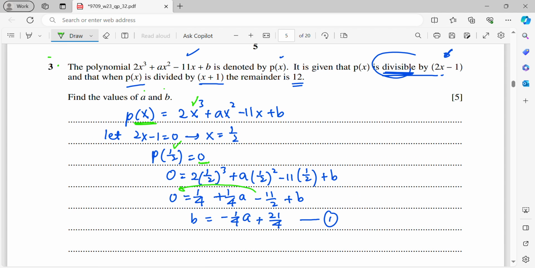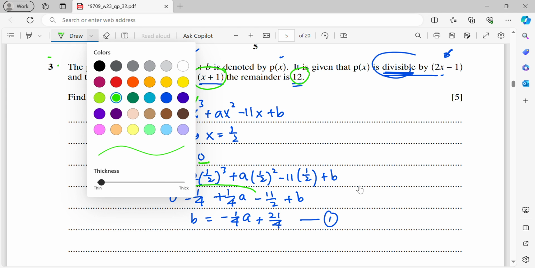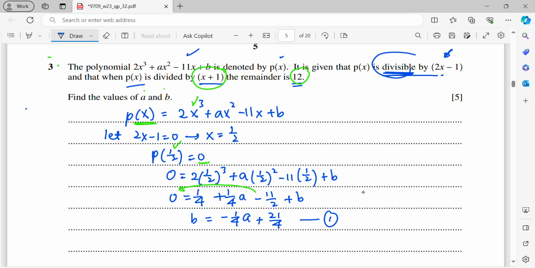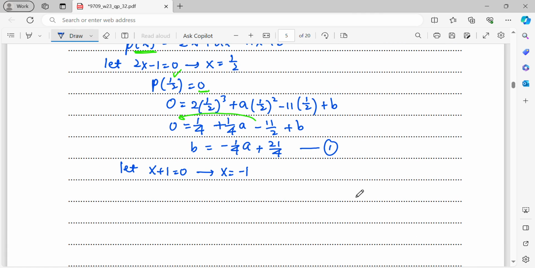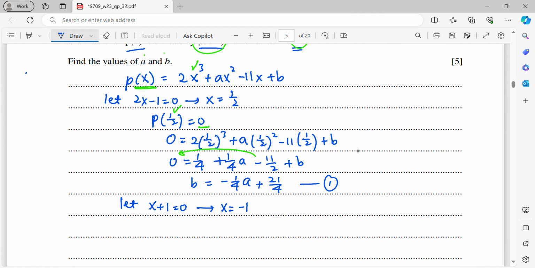Now, when it is divided by x plus 1, the remainder is 12. So this is the remainder theorem, which means you let x plus 1 be 0. That means x is going to be minus 1. Since the remainder is 12, when x equals minus 1, I will write p(minus 1) is 12.